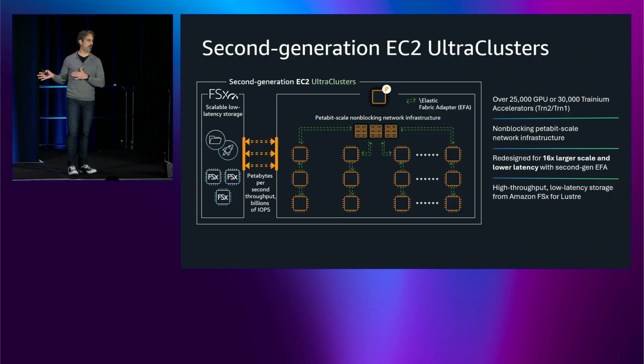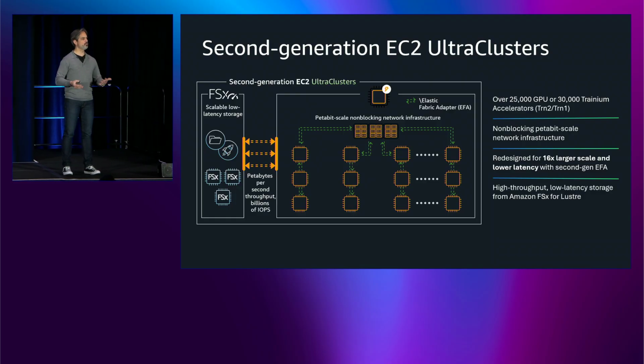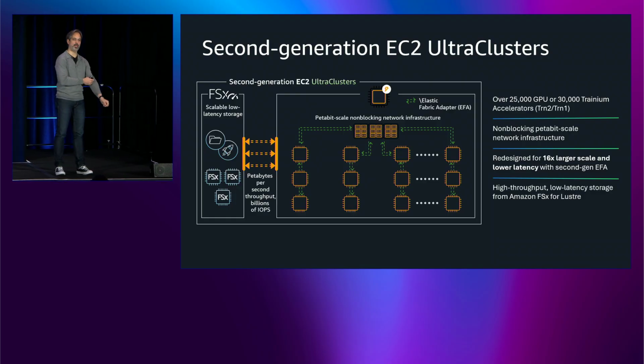All of the jobs that I submitted during that demonstration were using more than one instance, so how are they connected together? You don't want one instance in one data center and the second one in a second data center. You don't even want instances which are not interconnected into the same network spine.